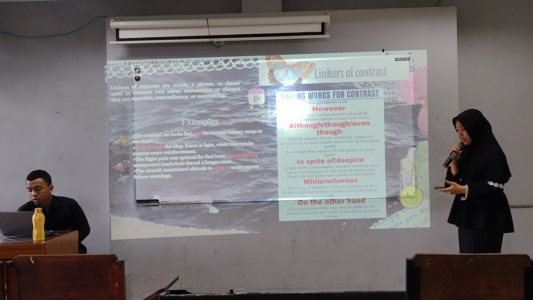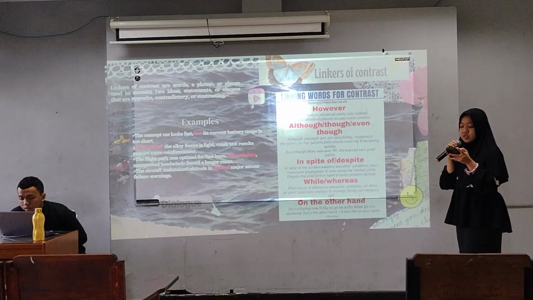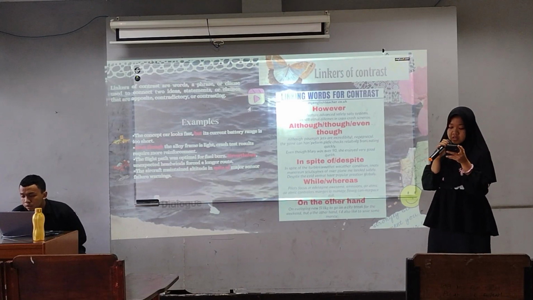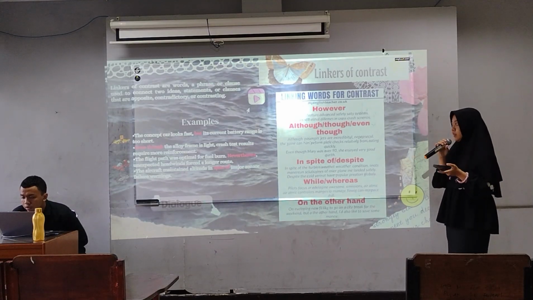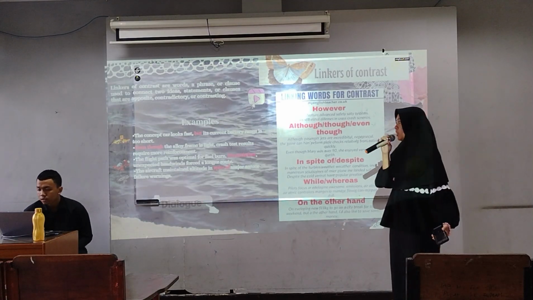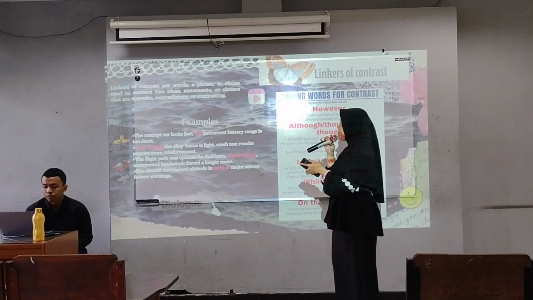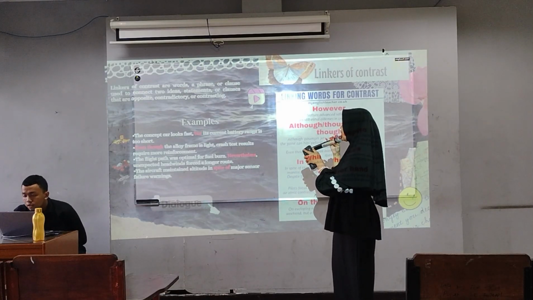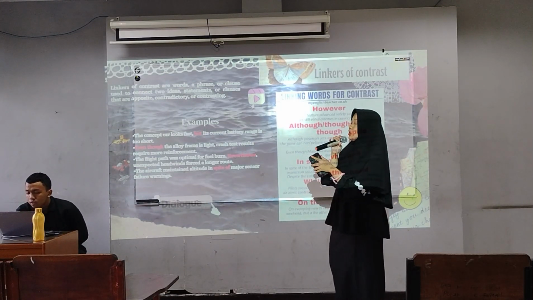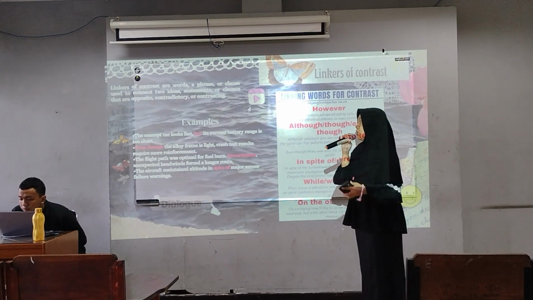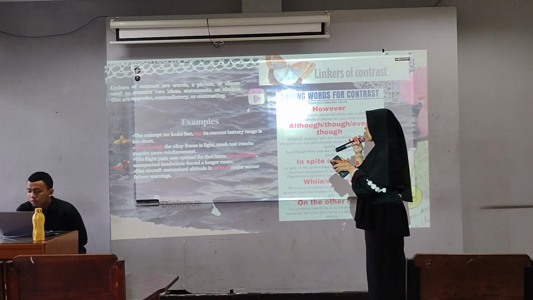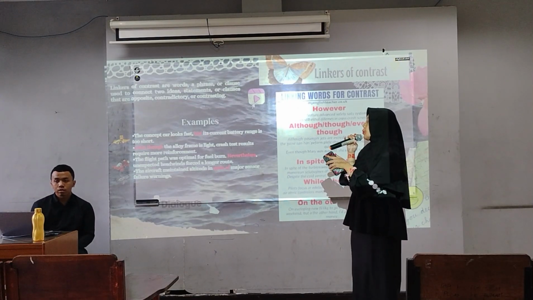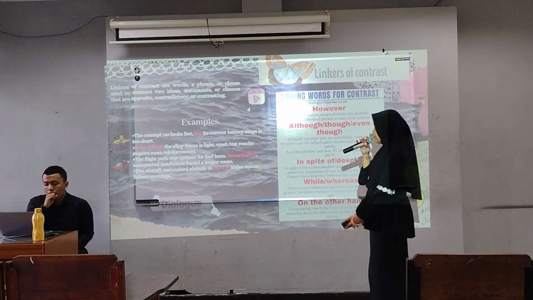On the other hand is used to present a different point of view or a second option. For example, the concept car looks fast, but its current battery range is short. Even though it is light, its crash test result required more reinforcement.